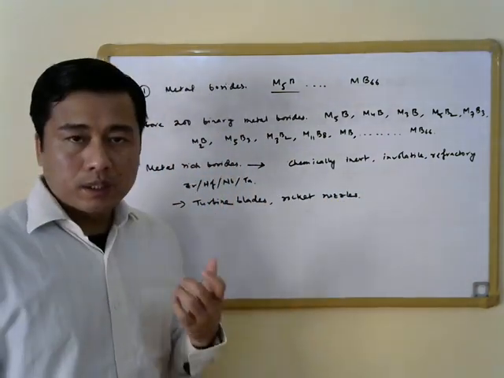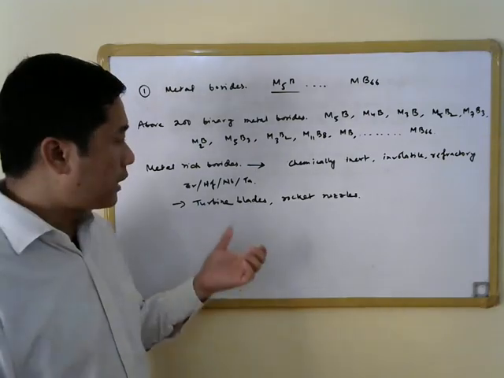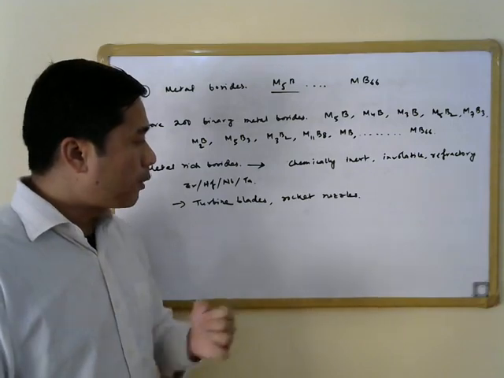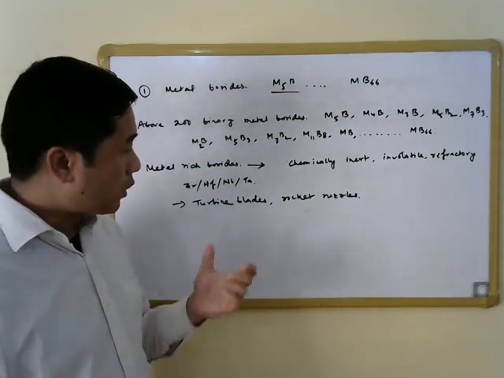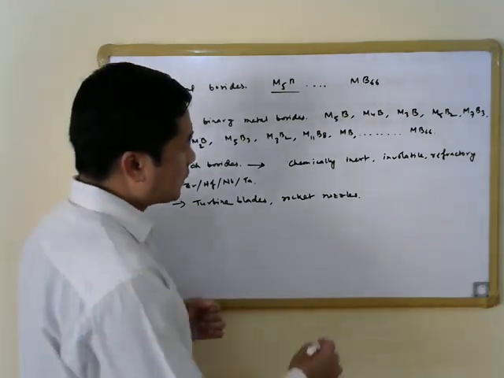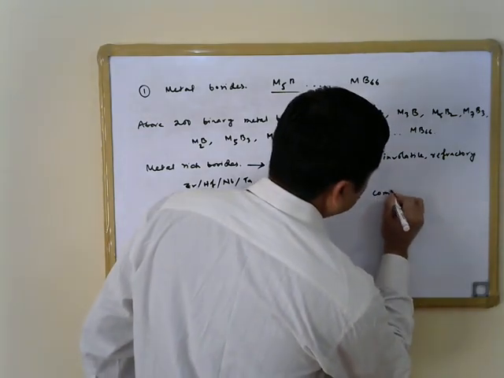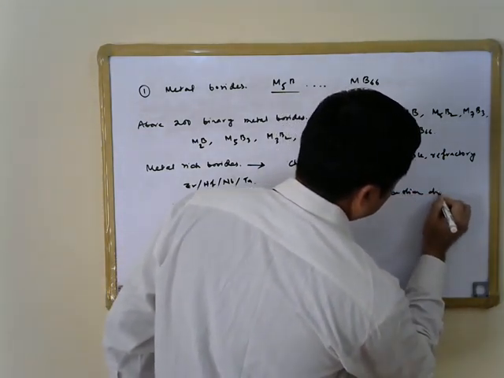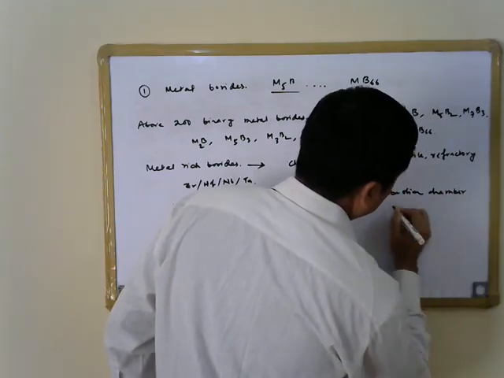Many of these metal borides are used to manufacture turbine blades, rocket nozzles, as well as combustion chamber lining.